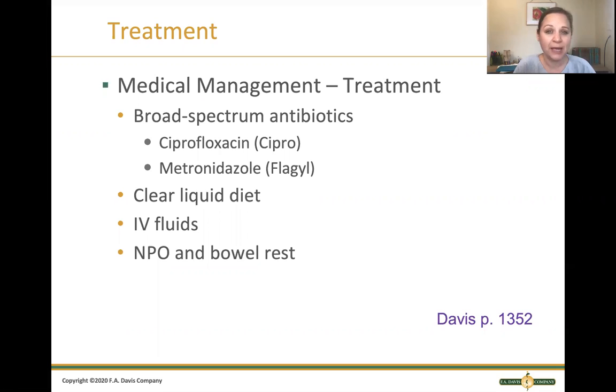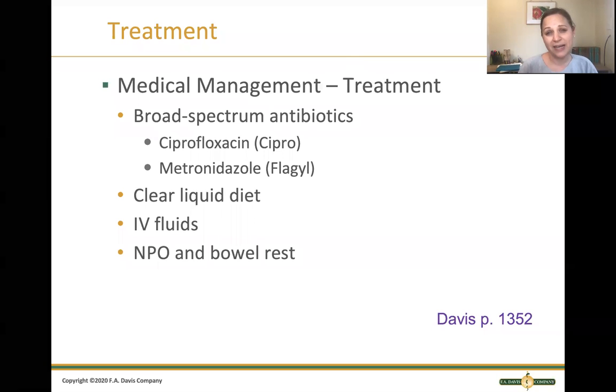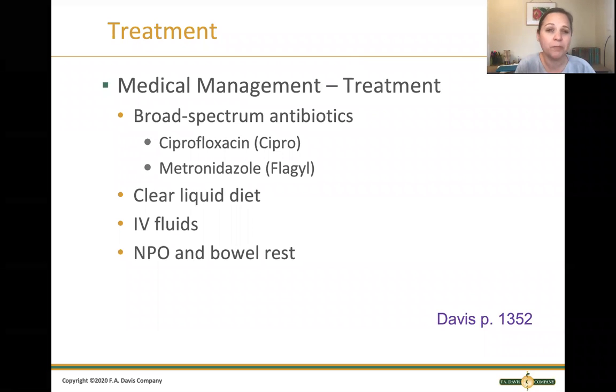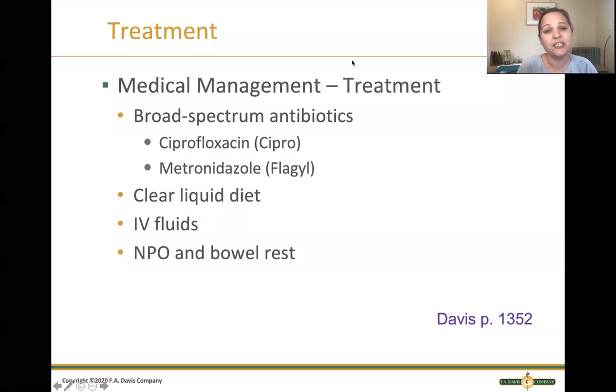But more severe cases, patients with elevated white blood cell count, significant abdominal pain, advanced age, significant comorbidities or signs of immunosuppression, would need to come into the hospital, especially if they had a fever of over 102. Inpatients who are hospitalized would be given IV fluids. They'd be put on NPO, meaning nothing by mouth, to give their bowels some time to rest, and they may even need an NG tube placed for bowel decompression.